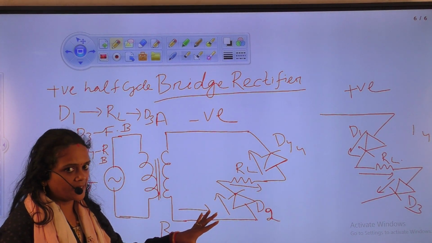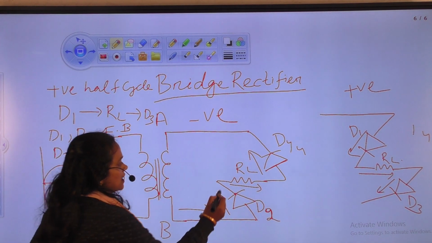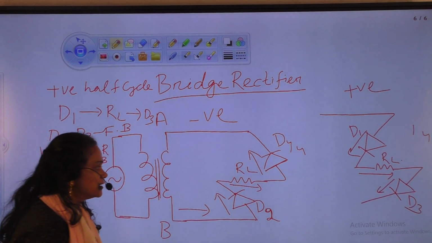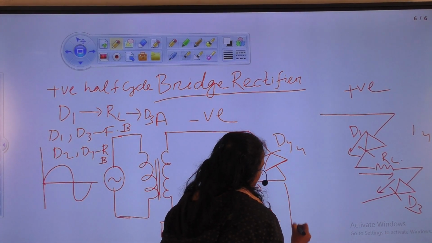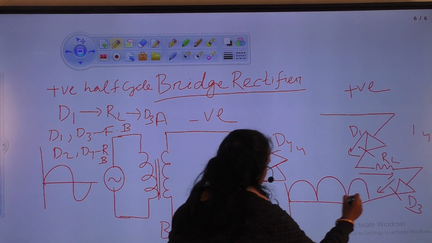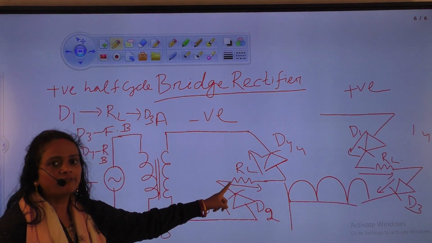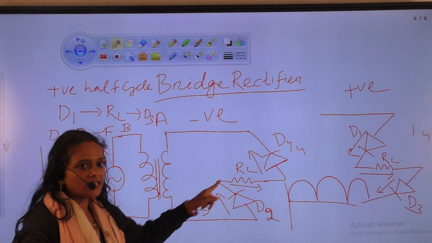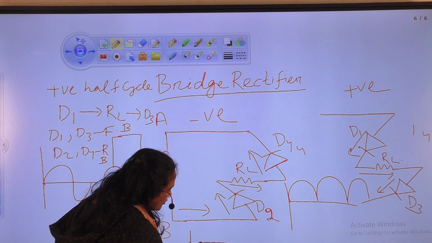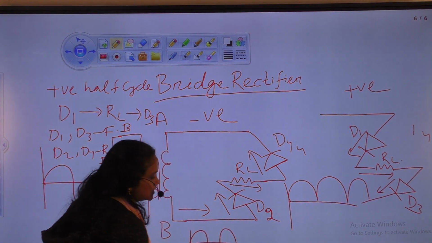In both the cases, you can observe that current flows in same direction through the load. Only in that case we get a waveform like this. If the direction of current changes for every half cycle, then at the output we will get this type of waveform.